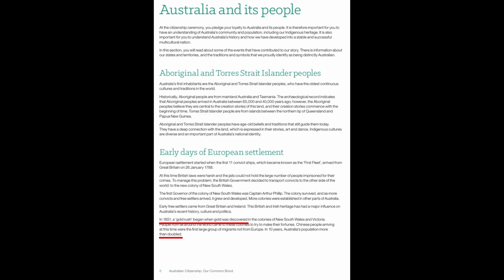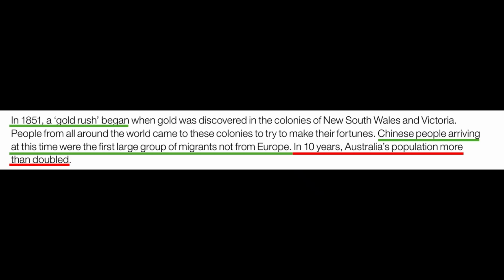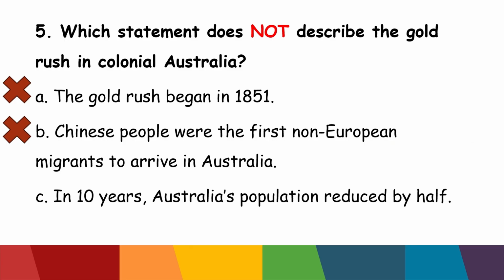If we look at page 8 in Our Common Bond, we see that the text mentions the 1851 gold rush and that many Chinese people arrived at this time. So we know not to select answers A or B because they are correct facts. The question is asking us to select the answer that is not correct. We know that the answer must be C, but why?